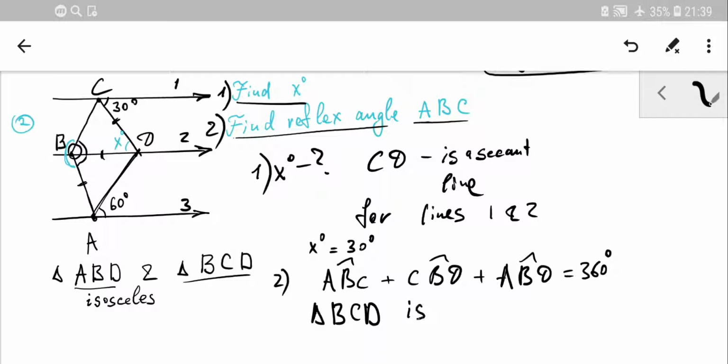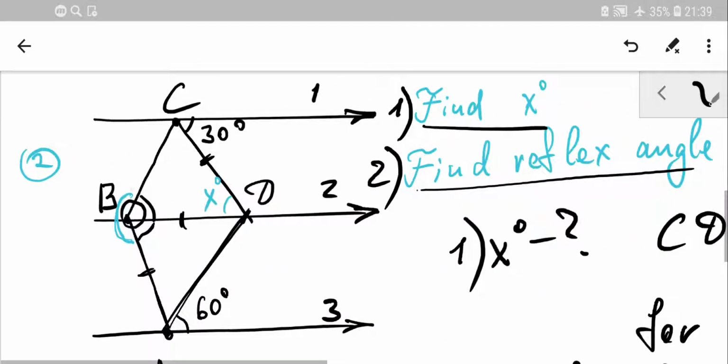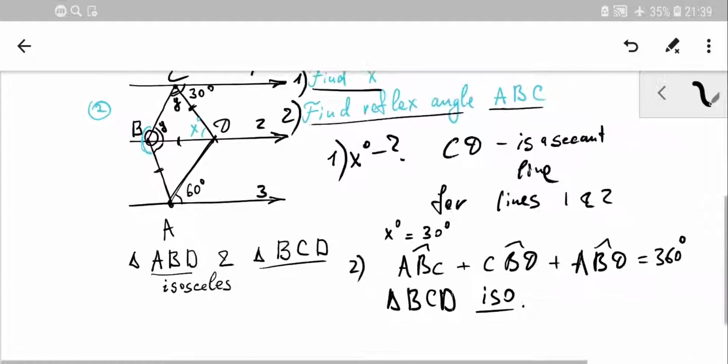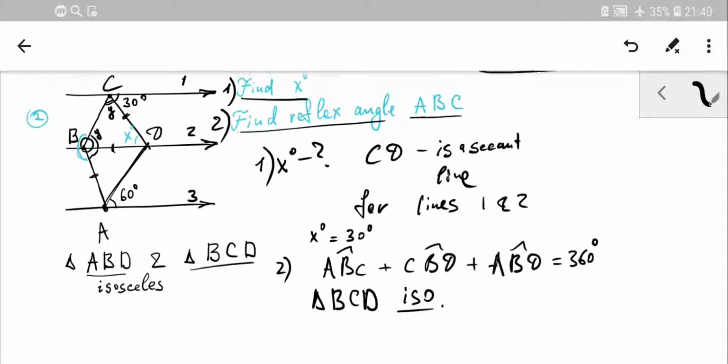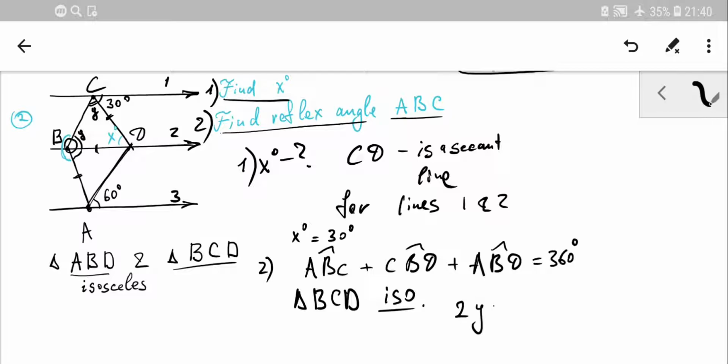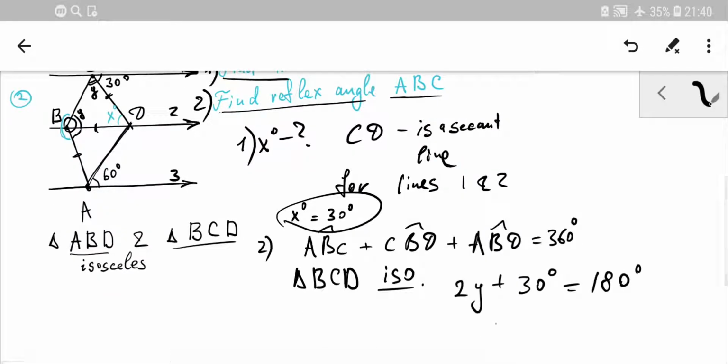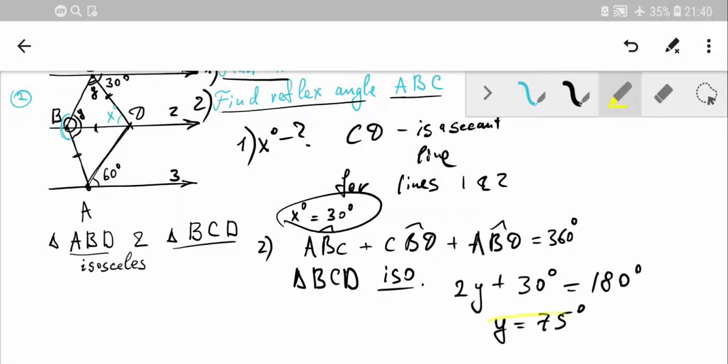Let's say we mark this angle as y, so this angle is also y, right? So we'll get the following equation for the sum of all three angles. So 2y plus angle x, which we found is 30 degrees, will give us 180. So we can figure out the value for y quickly, it's 150 over 2, 75 degrees. Okay, so we found that angle y, here and here, is 75 degrees.